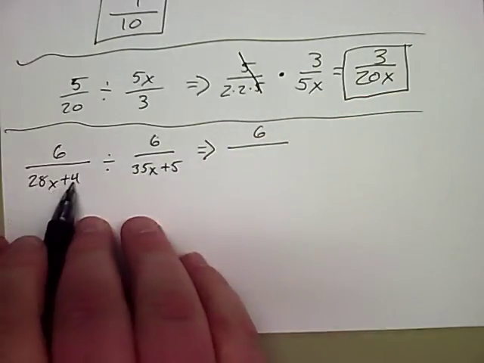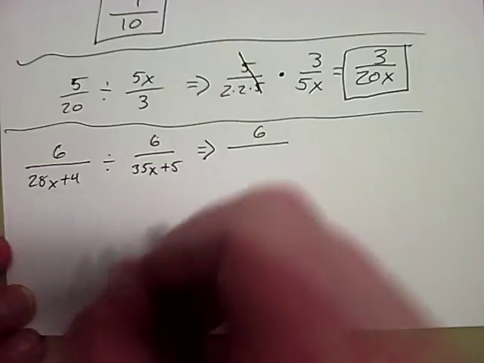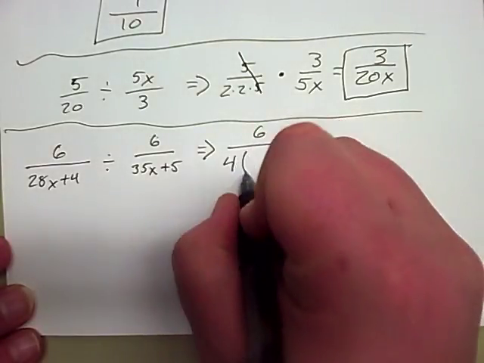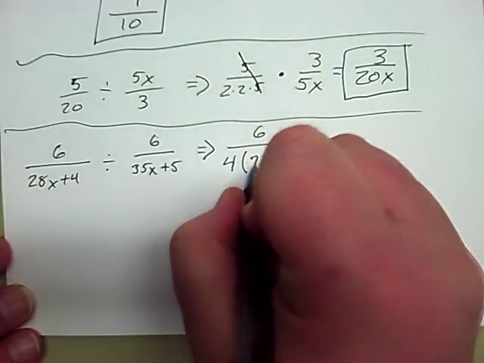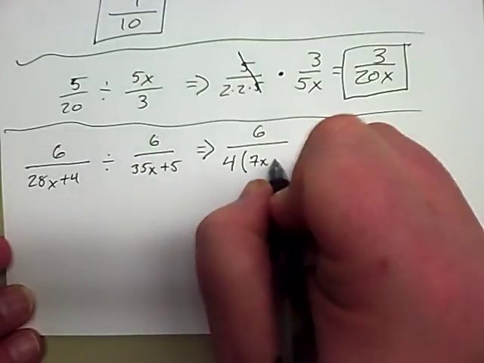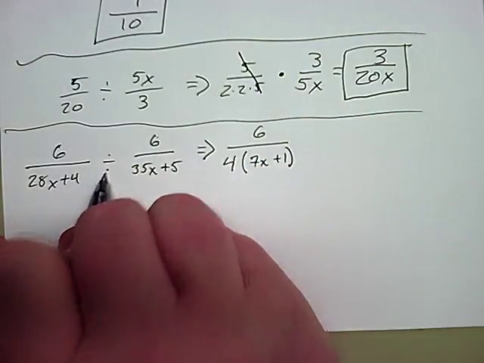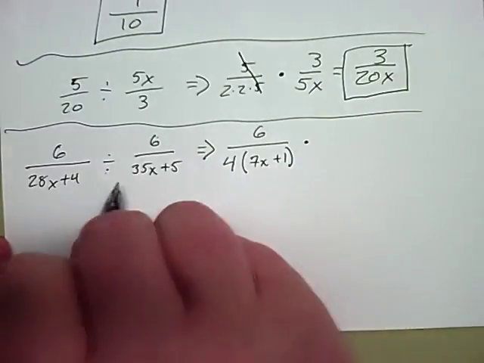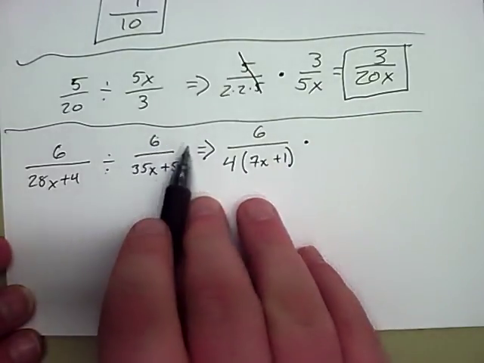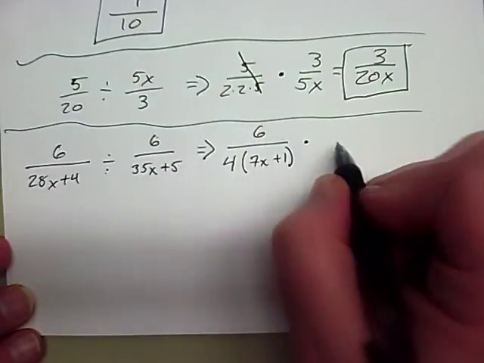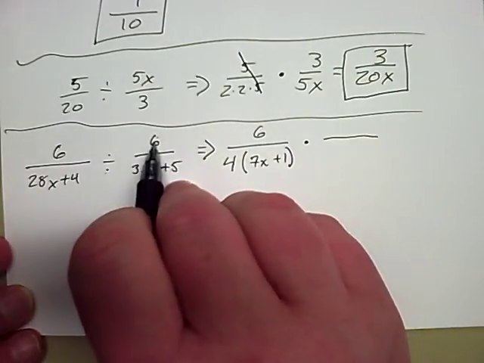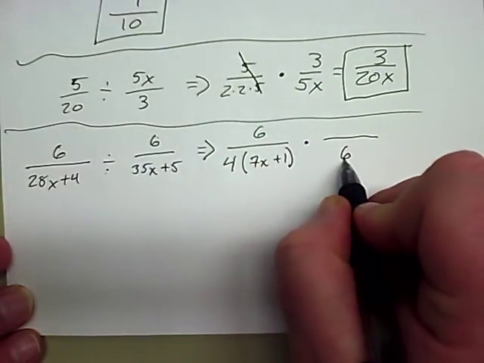But 28x plus 4, I know that 28 and 4, they both have a 4 in common. 28 divided by 4 is 7, and it's got an x to go with it. 4 divided by 4 is 1. The division turns into multiplication. And now I got to flip this fraction. So the 6, he's no longer on top. He's now on the bottom.